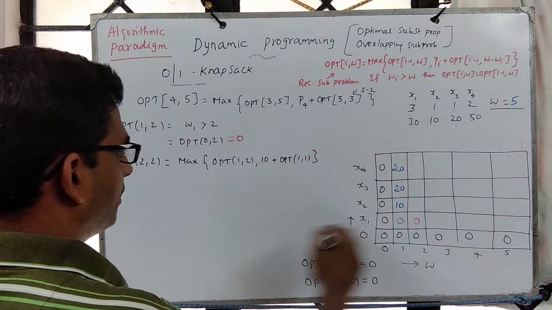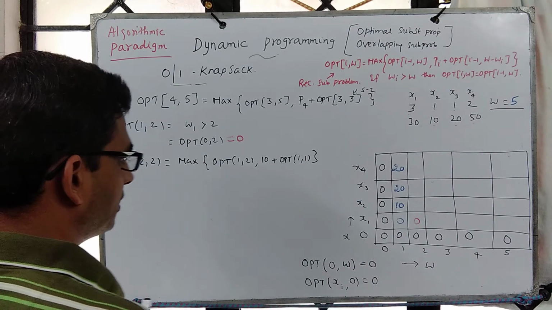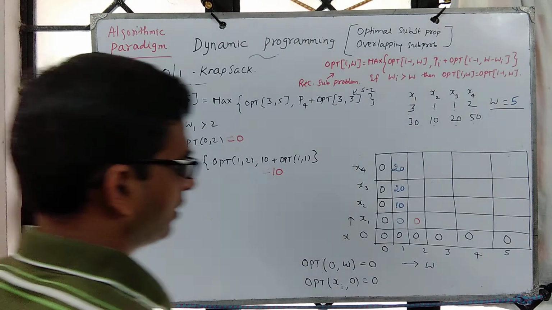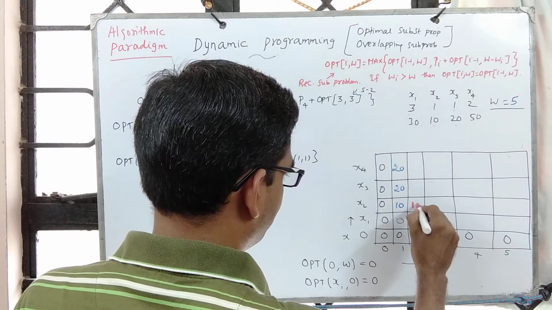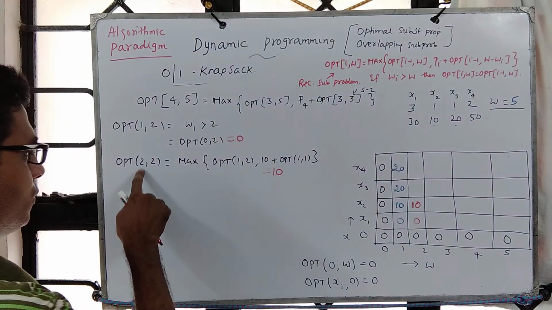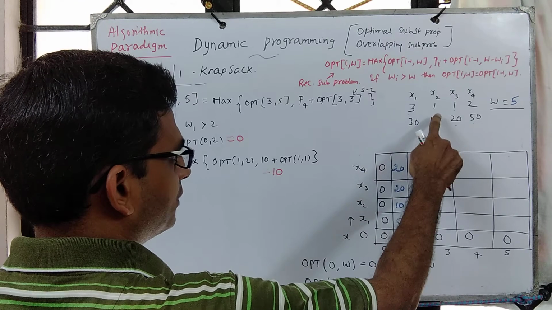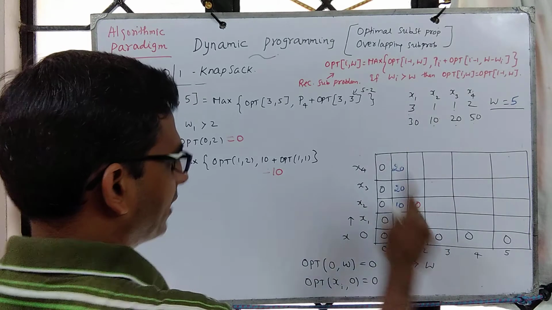And we know that 1 comma 1 is 0, which means from this we get a profit of 10, and that would be our entry here. So first two objects and local capacity is W, which means only this can be included and get a profit of 10.